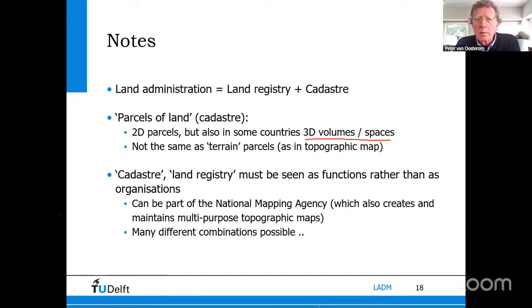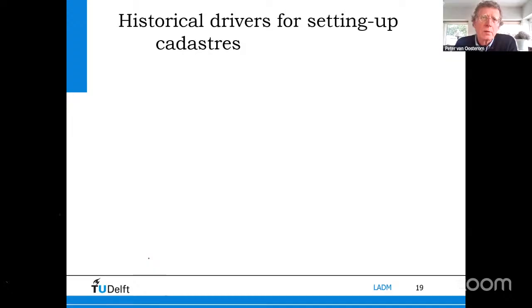And in different countries, the organization can be quite different. Sometimes the cadastre is taken care of by the National Mapping Agency. Sometimes it is part of the Ministry of Environment. So the organization differs per country.